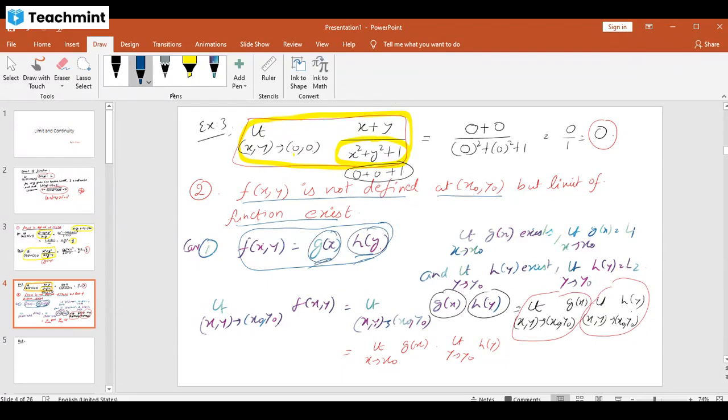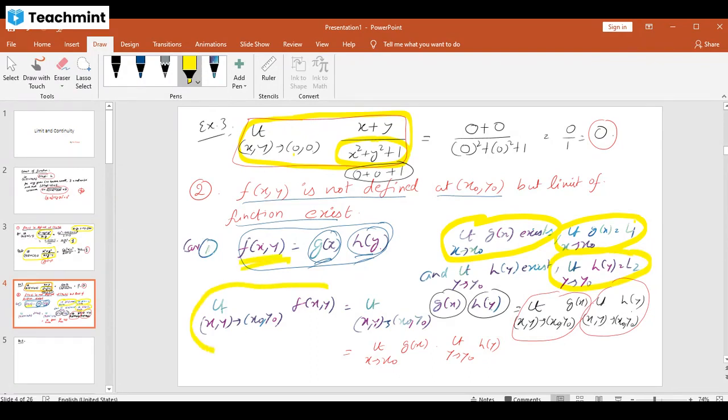So what does that mean? Suppose that the limit as x tends to x naught of g of x exists and the limit of this function is say L1. And the limit as y approaches y naught of h of y also exists and let's say it is equal to L2. So if the limit of these functions exists, now we'll try to calculate the limit of the function at the point (x naught, y naught).